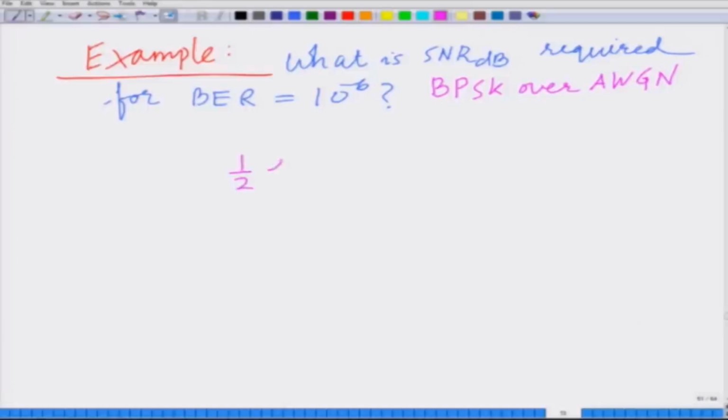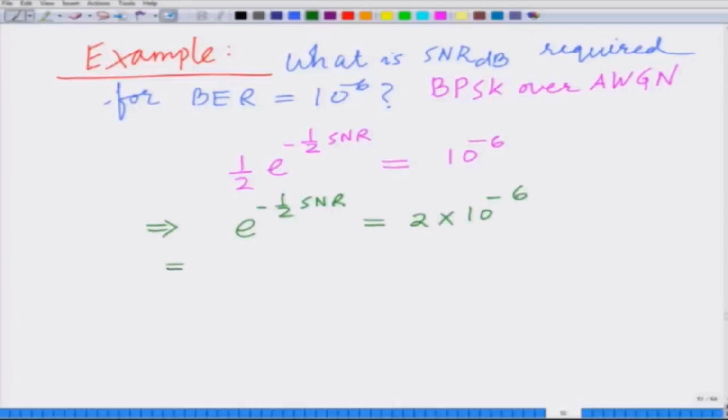This SNR required can be calculated as follows. We have half e to the power of minus half SNR, using our approximation, equal to 10 power minus 6, which implies e to the power of minus half SNR is twice into 10 power minus 6, which implies SNR equals minus 2 times the natural logarithm of twice into 10 power minus 6, which is 26.24.